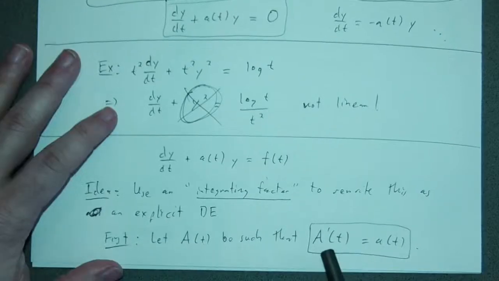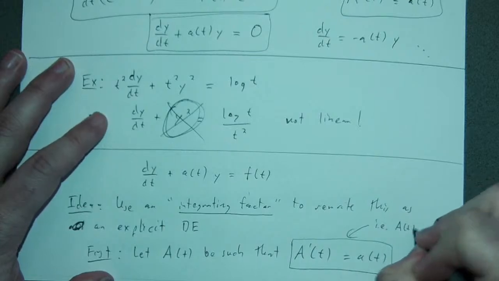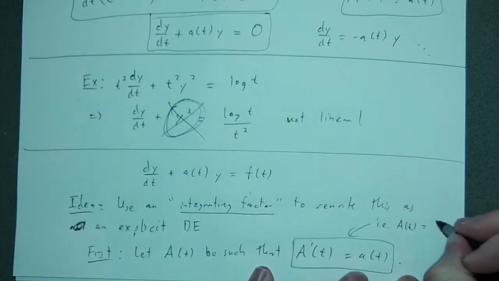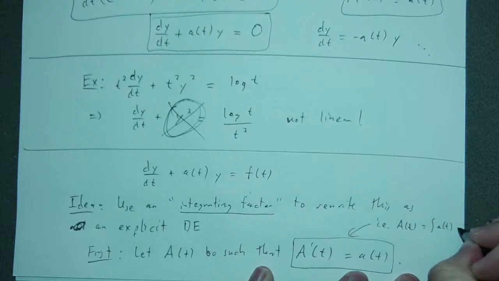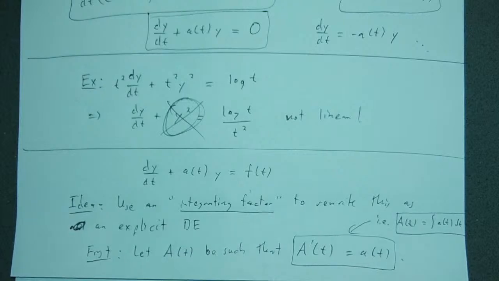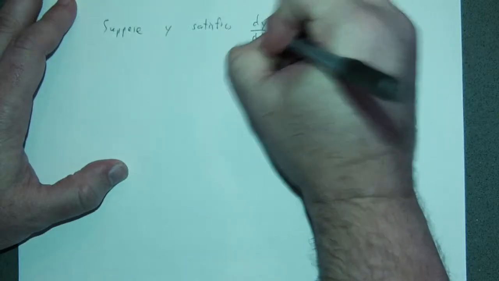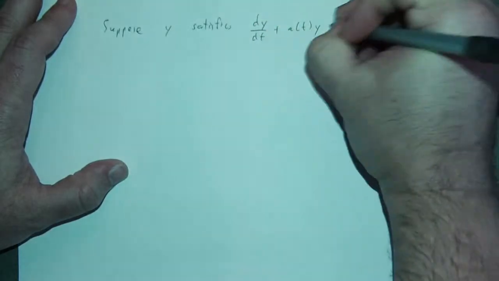This just means that big A is the antiderivative of little a, i.e., big A of t is the integral of little a of t dt, in the sense that it's the antiderivative of that thing. Okay, so let's do that. Suppose y satisfies dy/dt plus little a of t times y is equal to f of t.